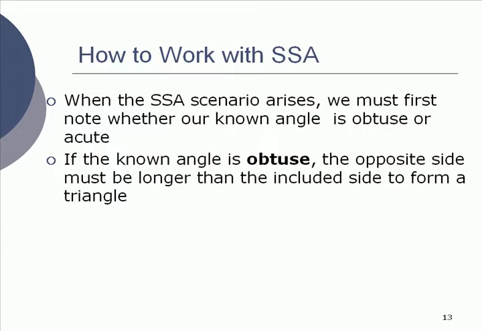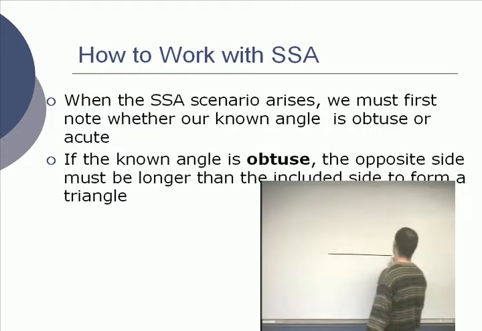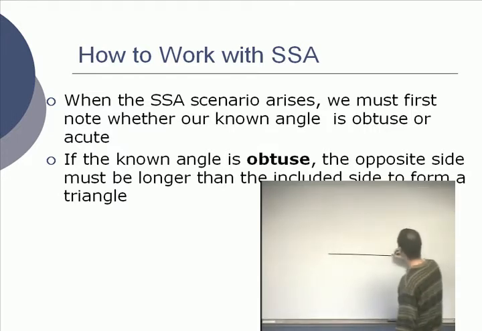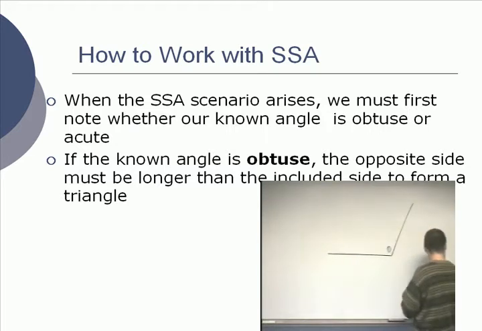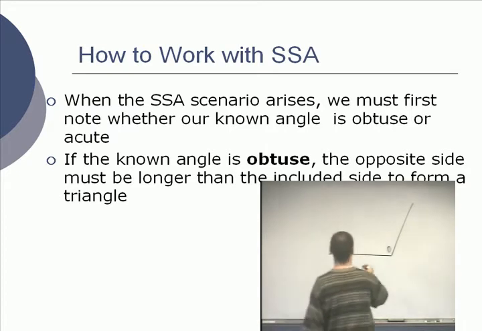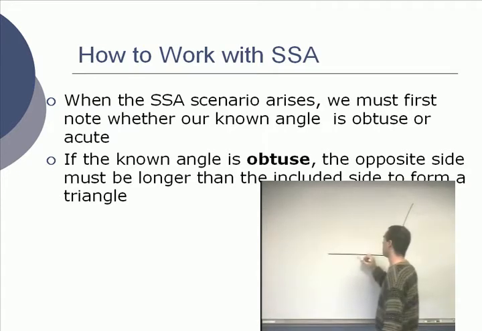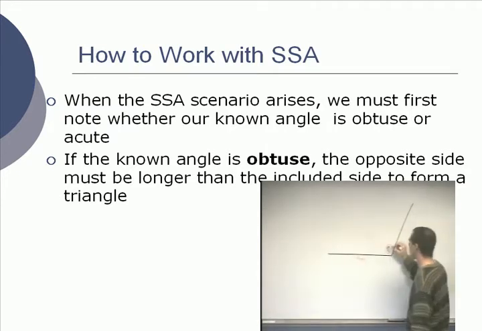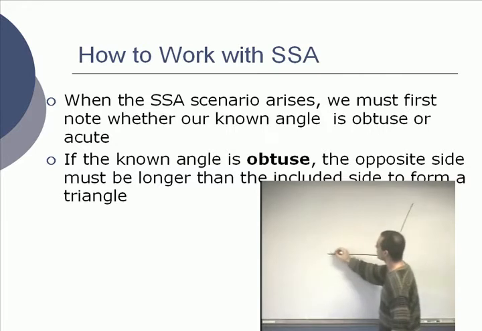So I'm going to draw some triangle where I know this side, and I'm going to say that my angle here is obtuse. Now we're going to be given this side will be known, this will be known. What's the shortest this side can possibly be to still form a triangle?